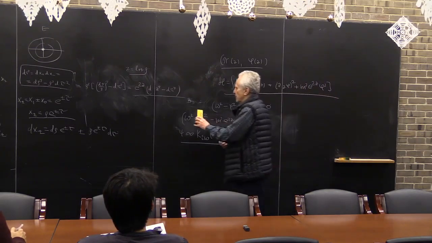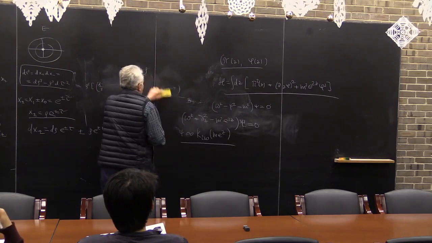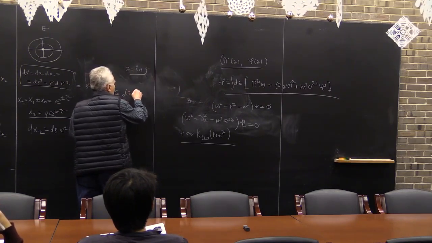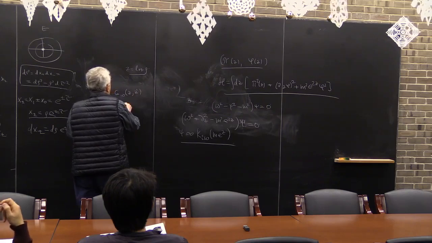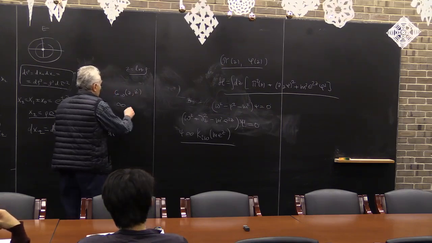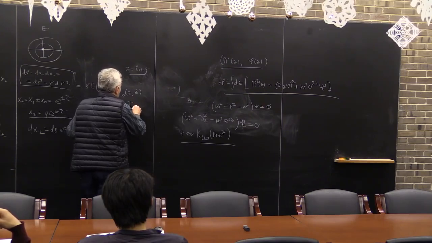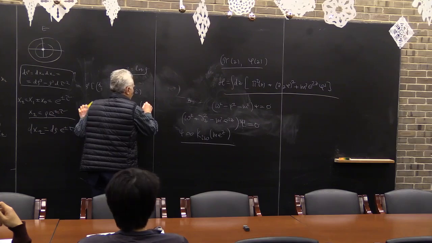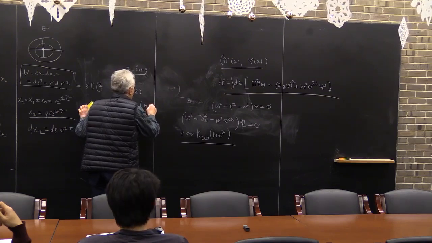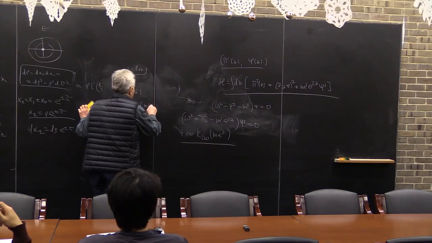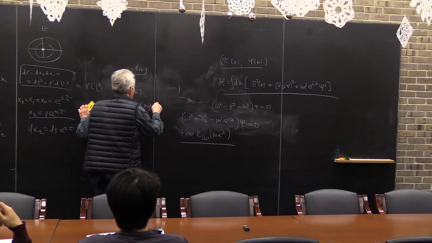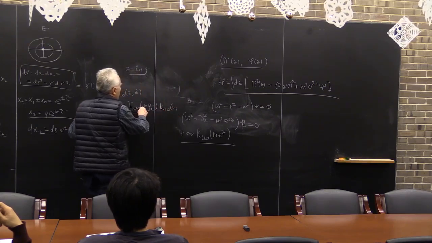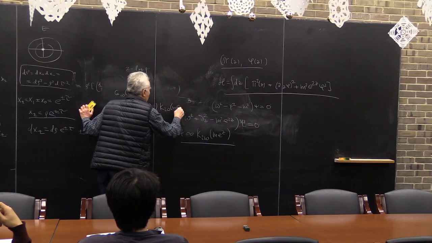I leave it as an exercise to show that the Green function is proportional to the Bessel function at imaginary argument.